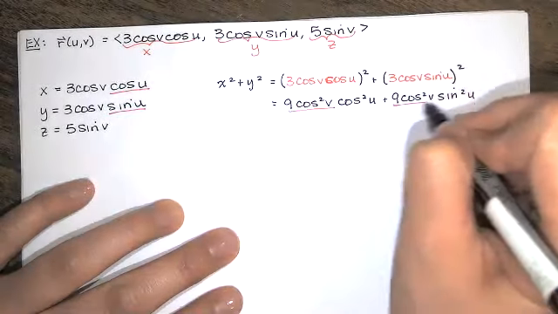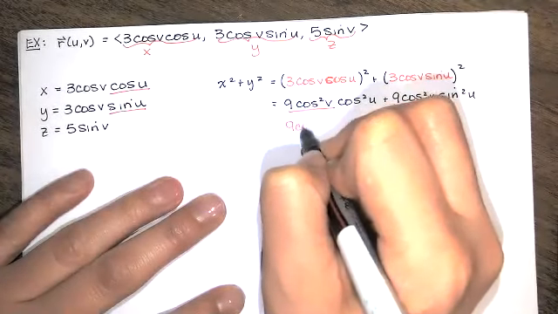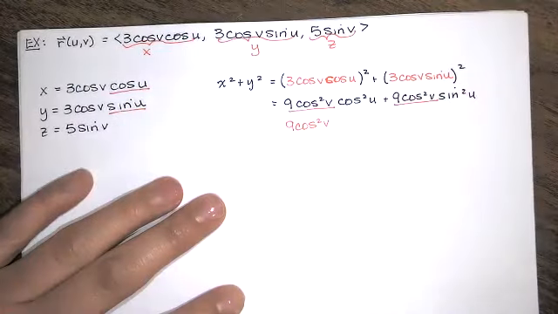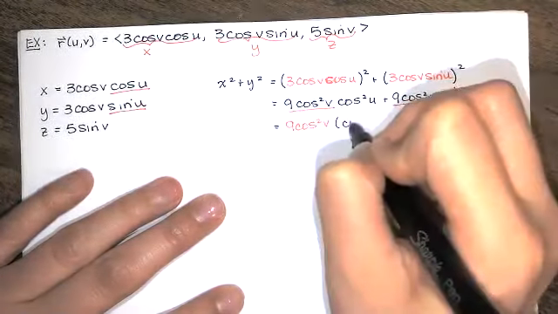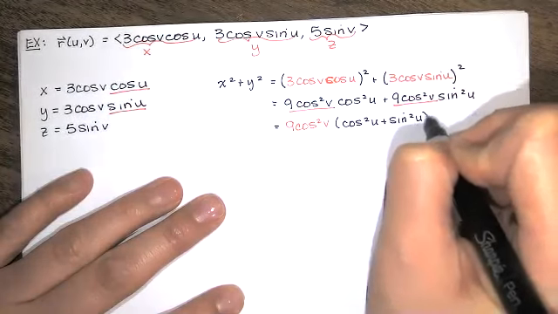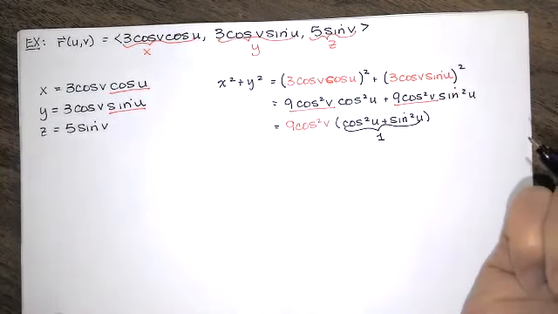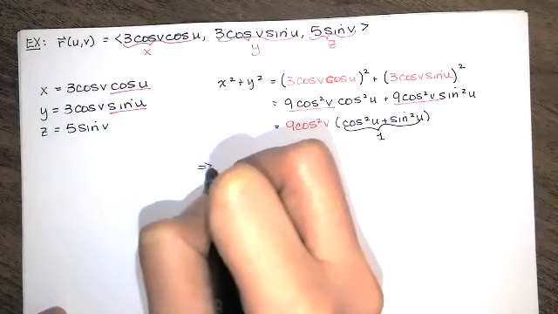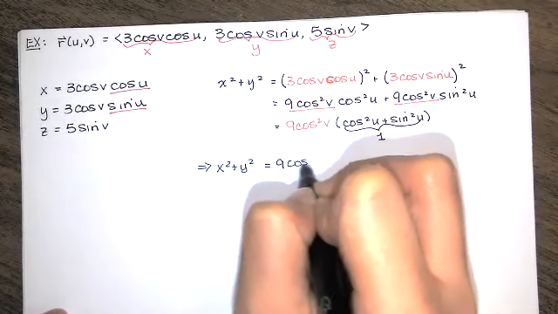They both have 9 cosine squared v in common, so we'll factor that out. And then we're left with cosine squared u plus sine squared u, which is 1. That's nice. Now we've got x squared plus y squared equals 9 cosine squared v.